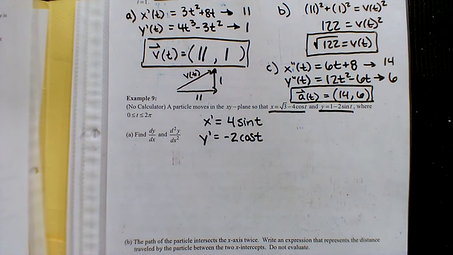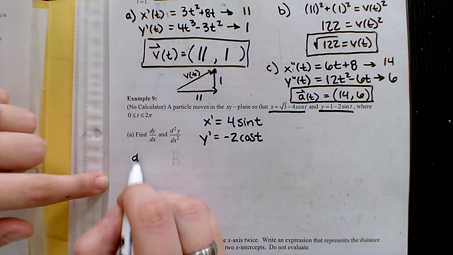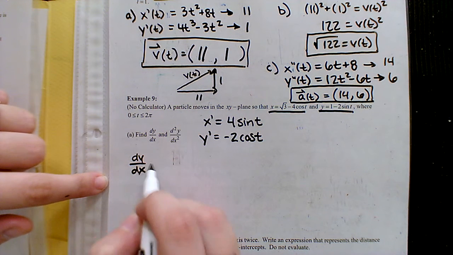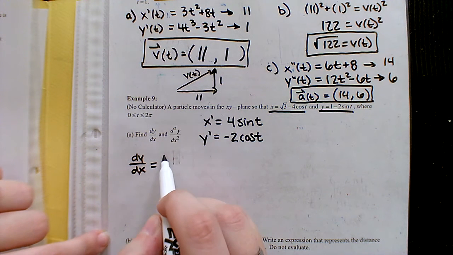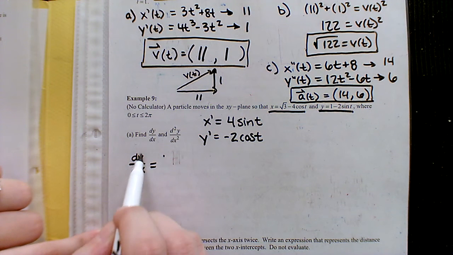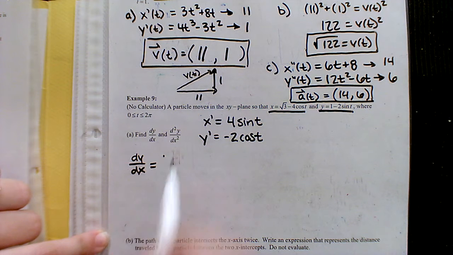So if those are the individual derivatives, how can we merge those together to get the overall rate of change? Yep, we're going to take the derivative of y divided by the derivative of x.